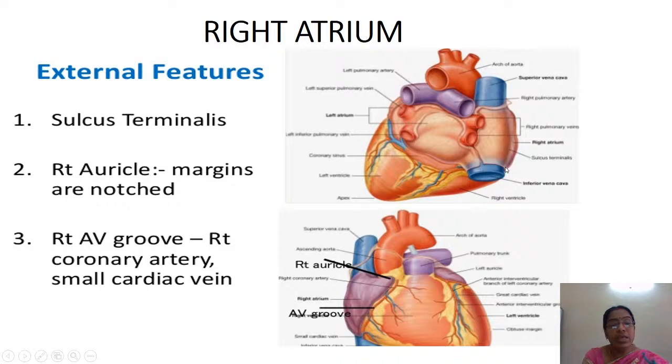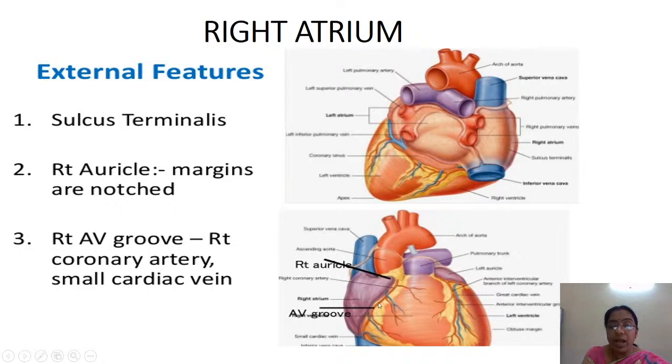Next, there is a groove which we also discussed when covering the external features of the heart. This is called the right atrioventricular groove. This is the atrium, this is the ventricle. So this is the right atrium, this is the right ventricle.